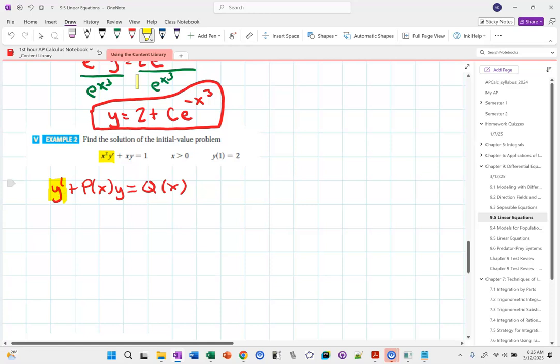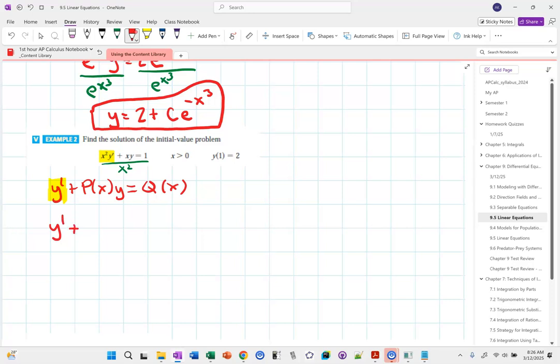That's the big complication right now. So I would divide by x squared. So that gives me y prime plus 1 over x y equals 1 over x squared. That's in the form that we're looking for. Everybody good with that?